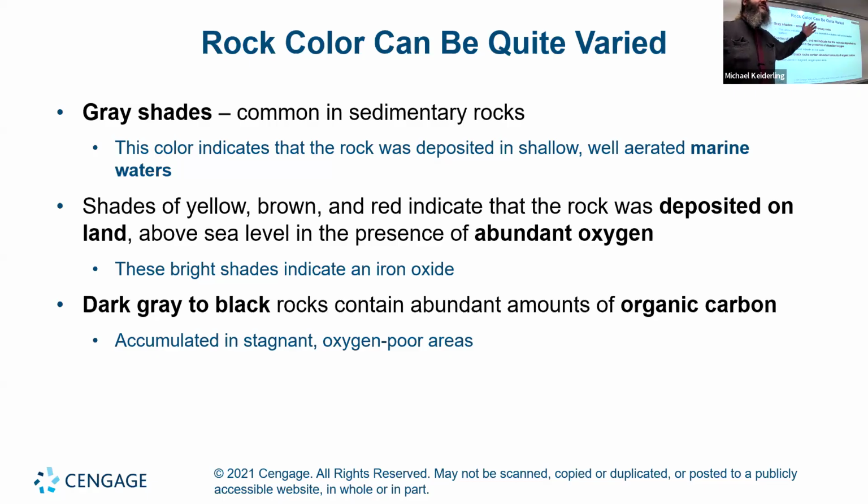If you want to see the kind of situation that generates dark black rocks and coal, there is a peat bog nearby. It's called Bolo Bog. It's an hour or two away. You can go see an active peat bog.